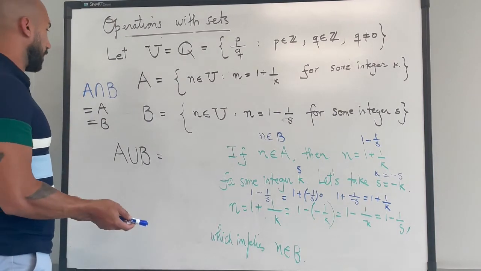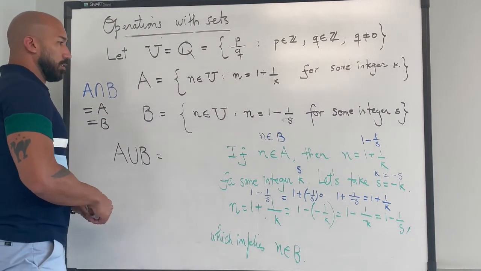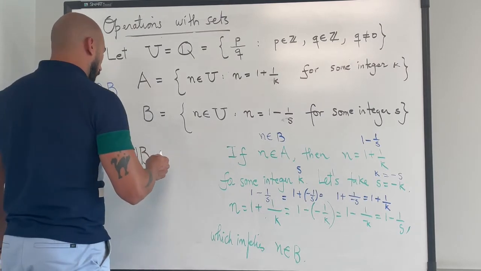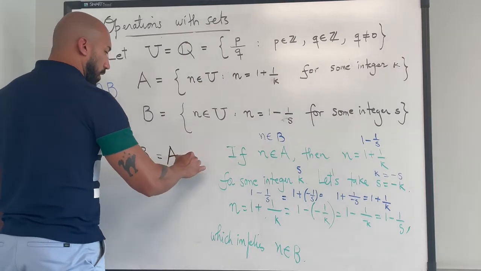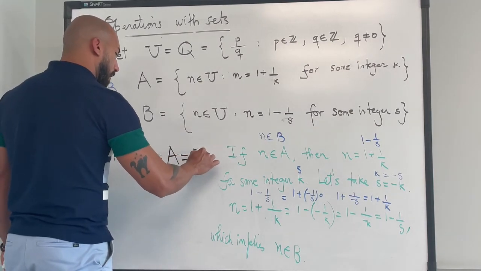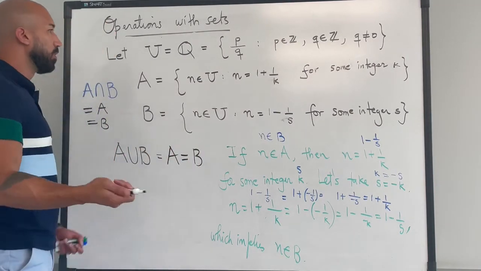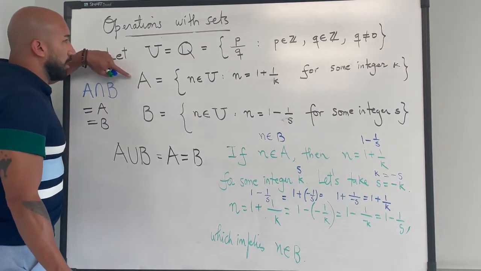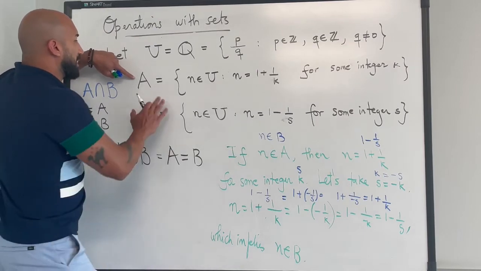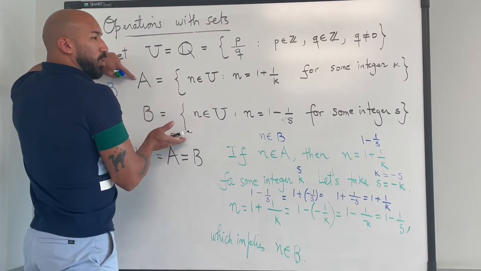If these two sets are the same, the union is going to be equal to A, equal to B. Think of it as follows. We have A. What is B doing when we take the union?